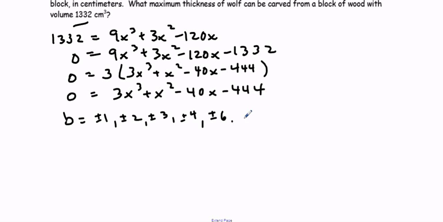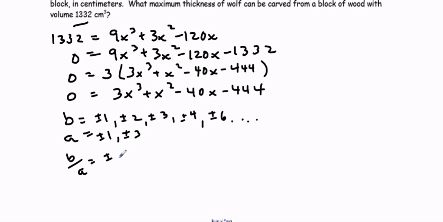Okay, etc. And then our A is the factors of 3, which of course are plus or minus 1 and plus or minus 3. So our B over A is 1 over 1, 1 over 3, and again I will limit that to the first 3.